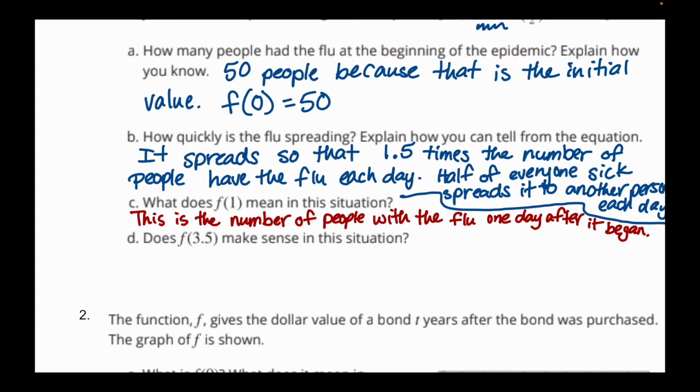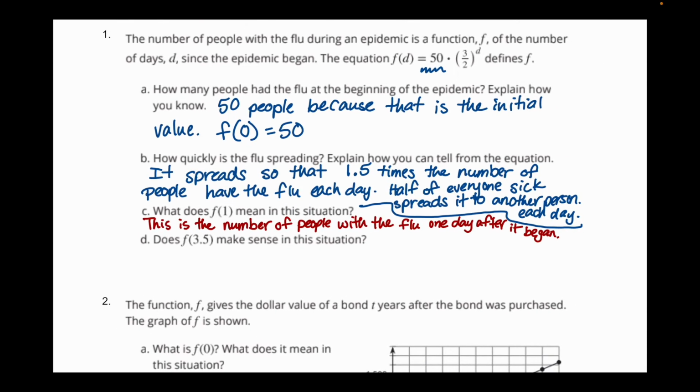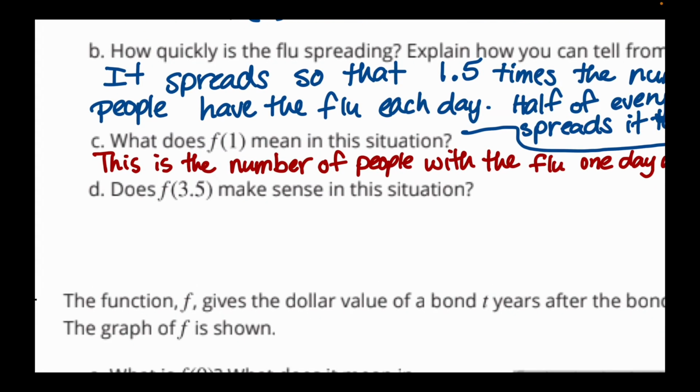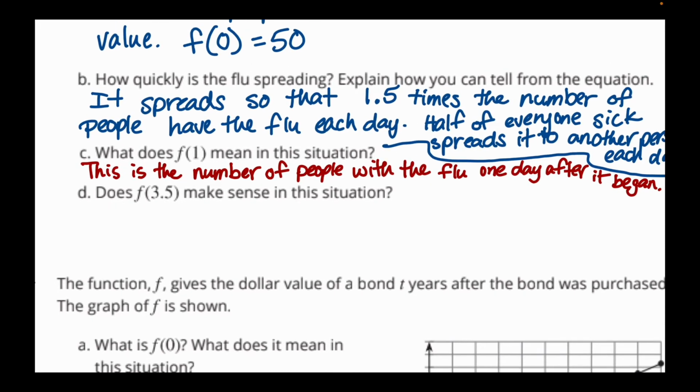Now they're asking, does f of 3.5 make sense in this situation? So they're really asking, hey, 3.5, is that okay for us to have as an input? And for this, I am going to say yes, because this is days and we can measure in partial days. It's 3.5 days after it began spreading, and that is a perfectly acceptable number to use as our input.